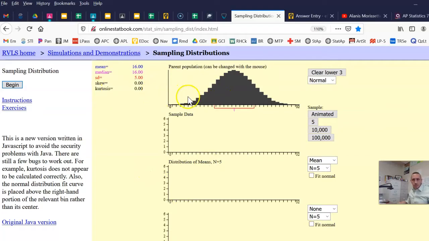Here's the population distribution, approximately normal. And if I start taking samples, if I do a sample of size 5, there's my sample distribution, and here's the beginning of a sampling distribution.